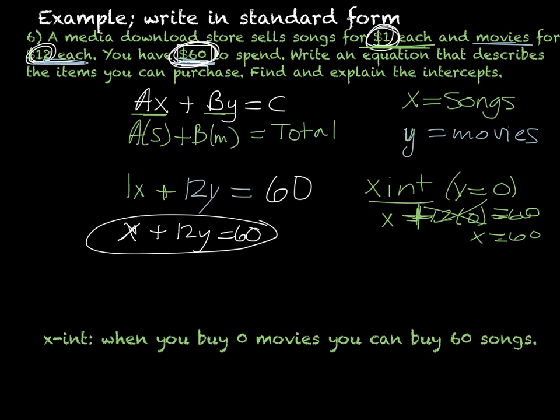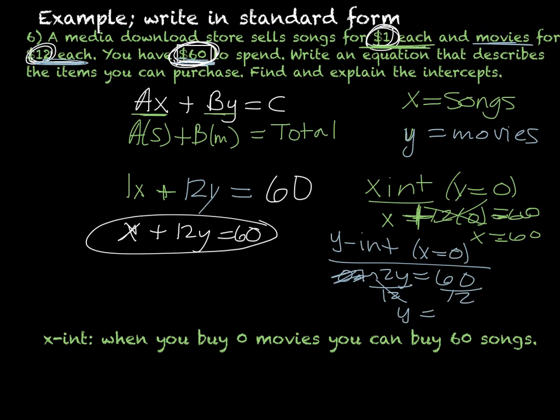So now we want to figure out what my y-intercept means. So that would be when we set x equal to 0. So that would be 0 plus 12y equals 60. So I divide by 12 because the 0 is not even here.